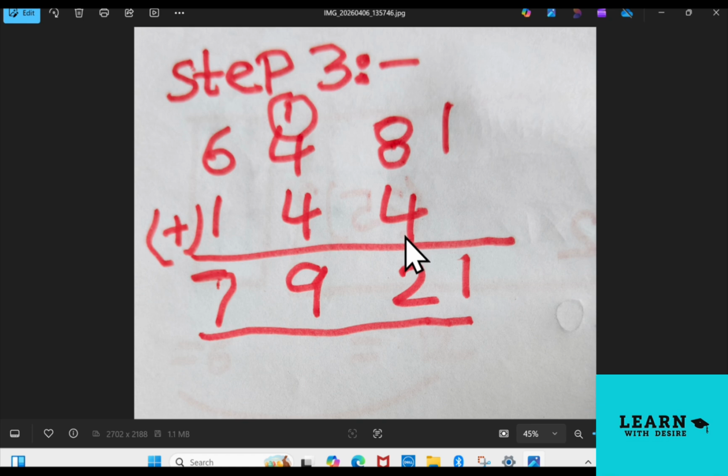So add both values in step 3. That is, 6481 plus 144. If we add both values, then we get the answer 7921. Always note that when you add both numbers, always start adding from the left side. This is the note point here.